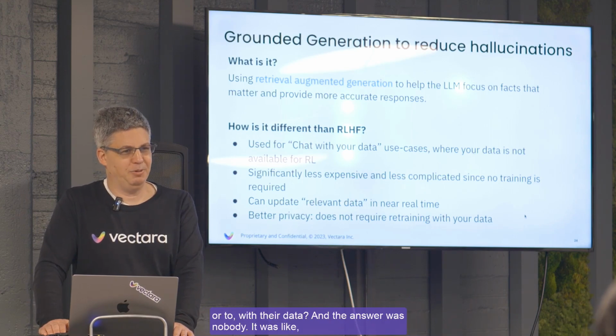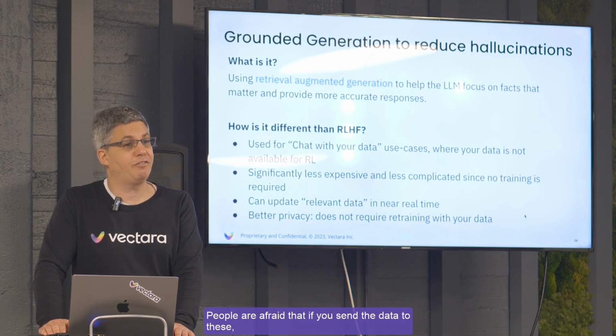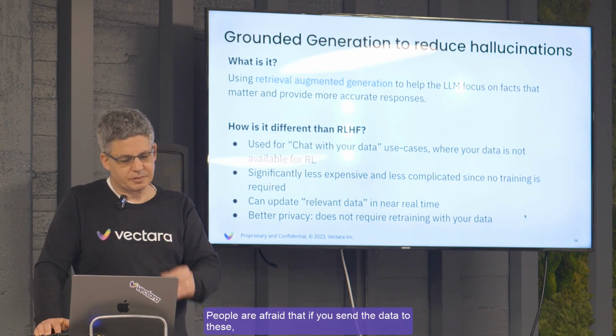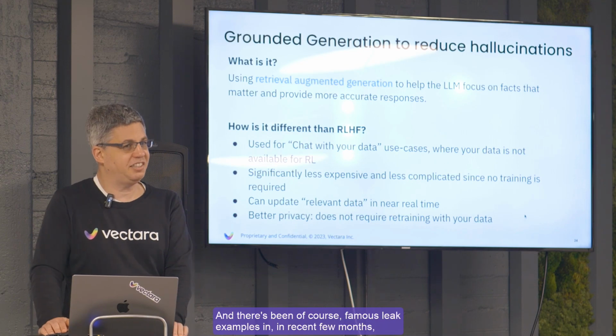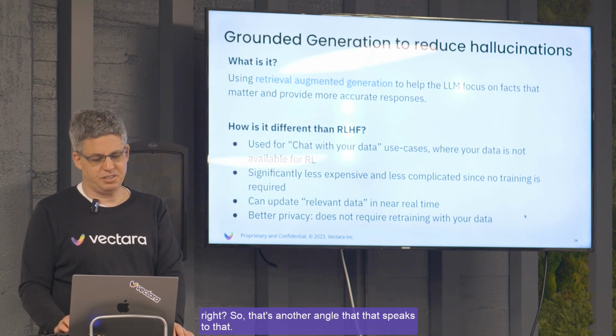And the answer was nobody. It was very obvious that there's a lack of trust. So the privacy issue is really important. People are afraid that if you send the data to these companies for fine tuning or things like that, they will use the data. And there have been, of course, famous leak examples in the last few months, right? So that's another angle that speaks to that.